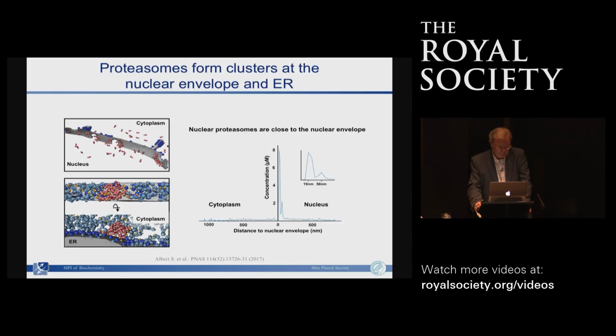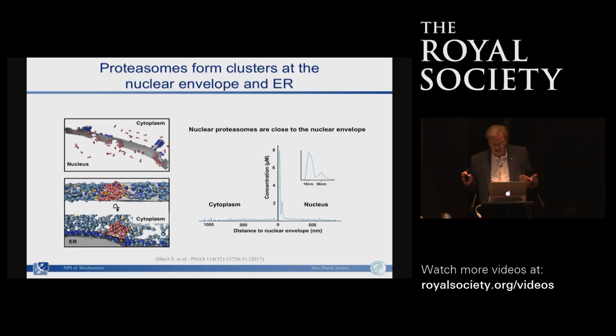Now in Chlamydomonas, but also in yeast, very roughly half of all proteasomes are in the nucleus and the other half is in the cytoplasm. In the cytoplasm, they appear to be basically everywhere. There is no preferred orientation or positioning.